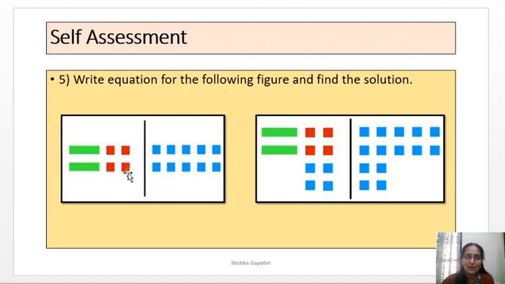Here the minus square represents minus 1, the plus square represents plus 1, and the green strip represents plus x. So write the question yourself by observing the figure. The second figure is the first step of your solution. The first step of the solution is given. Do the third step yourself, and thereafter find the solution yourself.